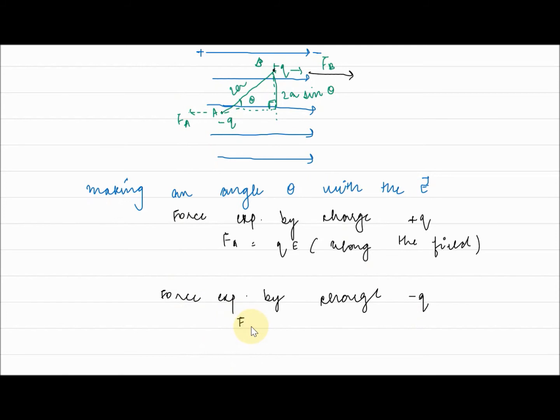So FA is equal to qE, and this is FB, it is against the field.